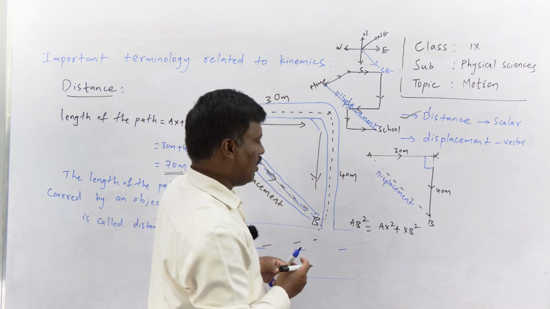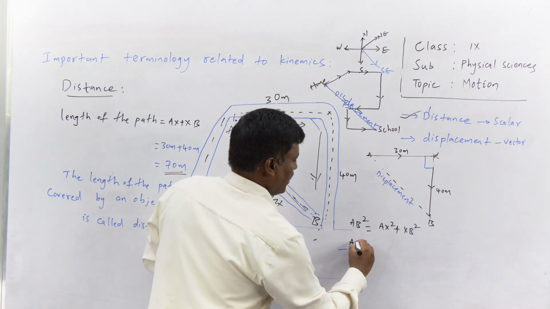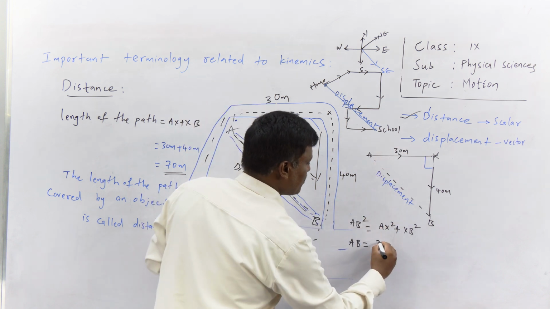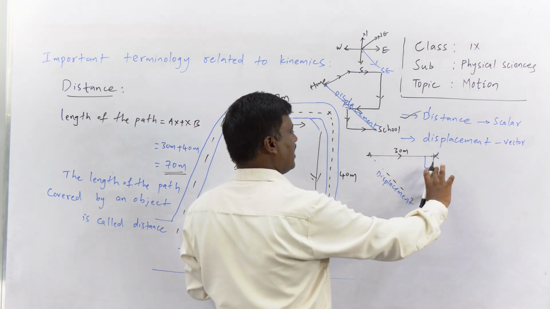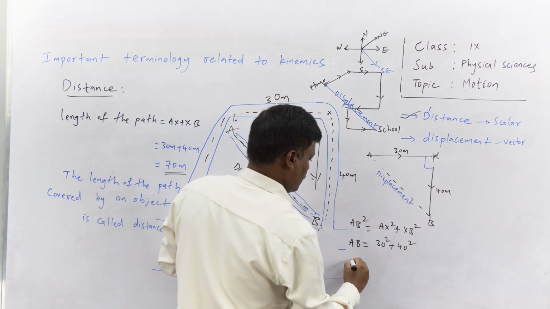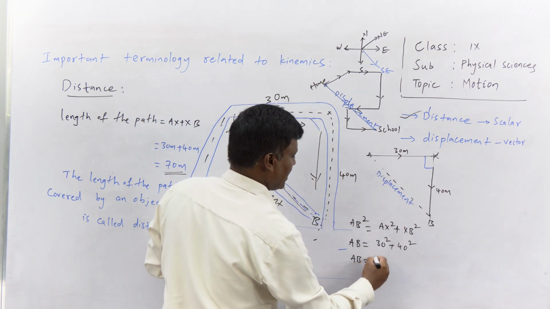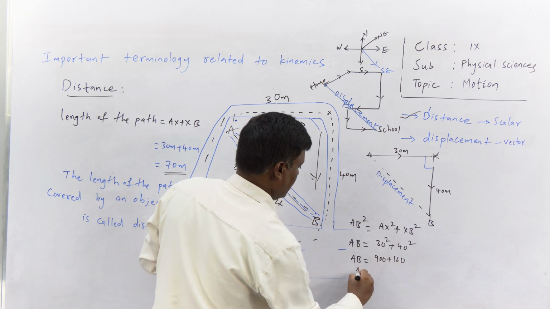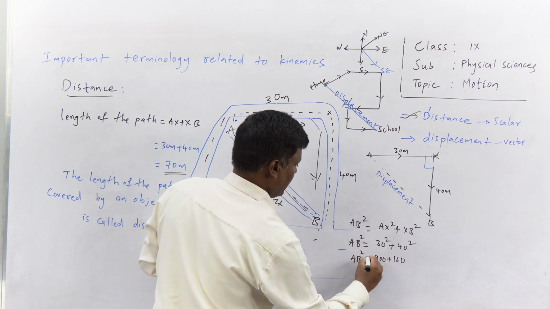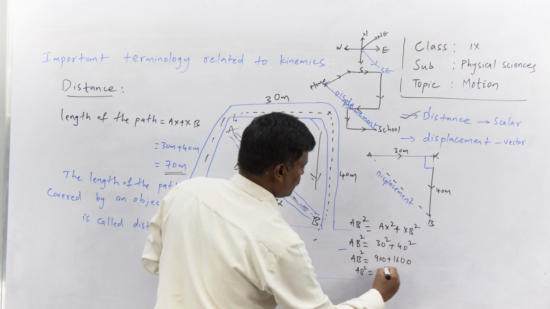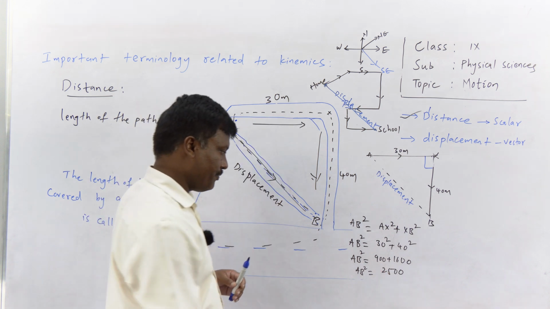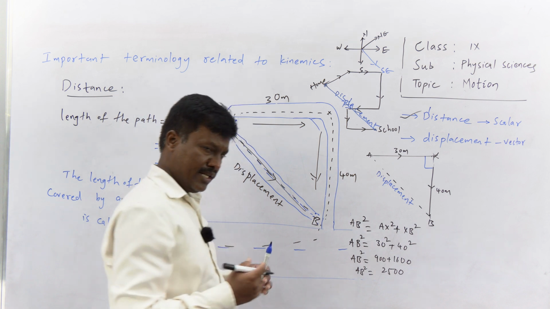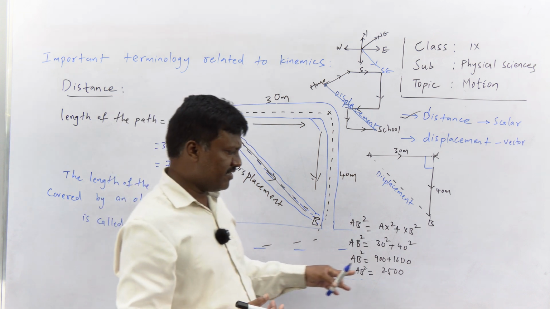Now AB is equal to the AX value, how much? 30 squared, plus the XB value, how much? 40 squared. 30 squared is 900, 40 squared is 1600. Then AB squared is equal to 2500. When the left hand side has a square, on the right side we can also write a square if possible.